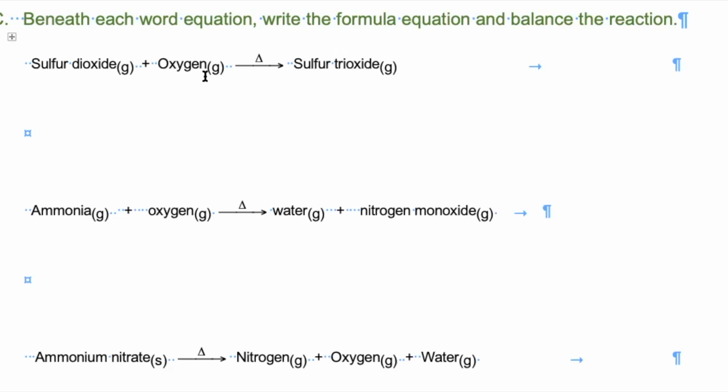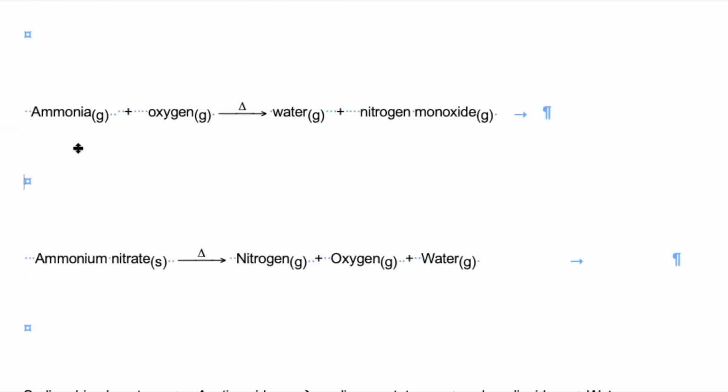So that's O2, and sulfur trioxide is just SO3. Ammonium nitrate, ammonium's NH4, nitrate's NO3. NH4 +1, nitrate is NO3 minus, so it's a 1-to-1 ratio. Forms nitrogen, again, N2, oxygen, O2, and water. You guys know water, okay?